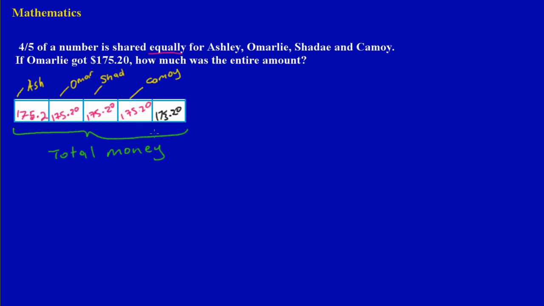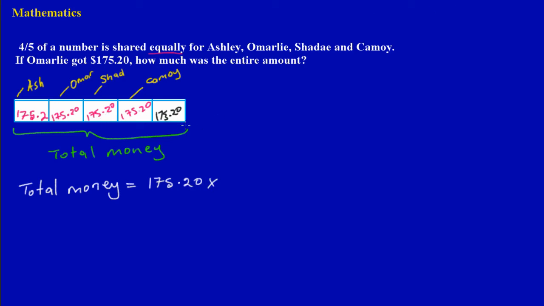So if we're looking at the total money being shared, the total money at start would be $175.20 times how many parts you have? 1, 2, 3, 4, 5.